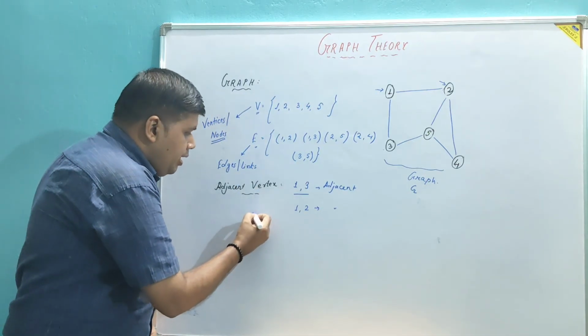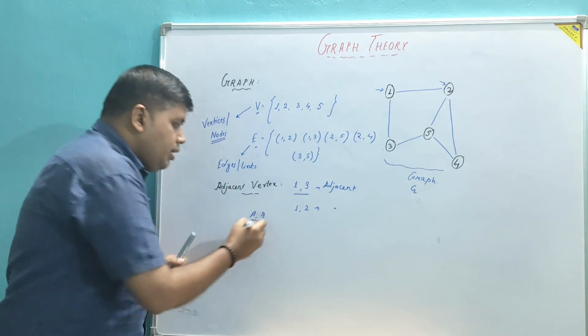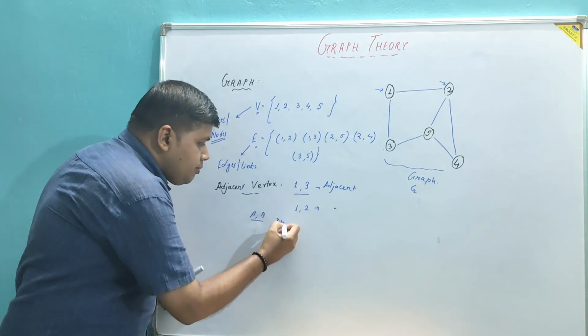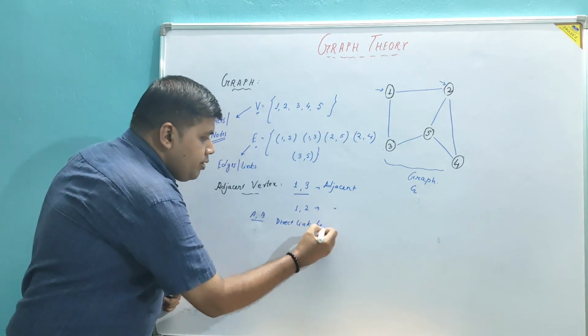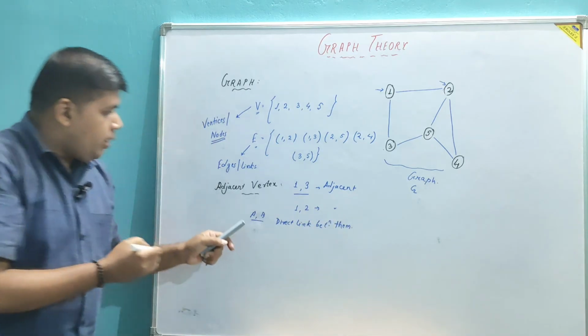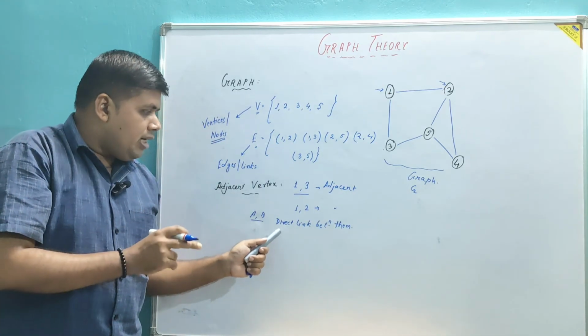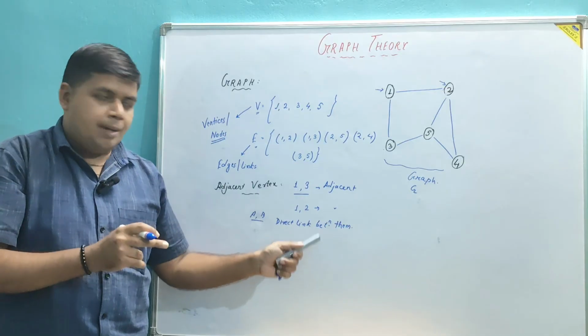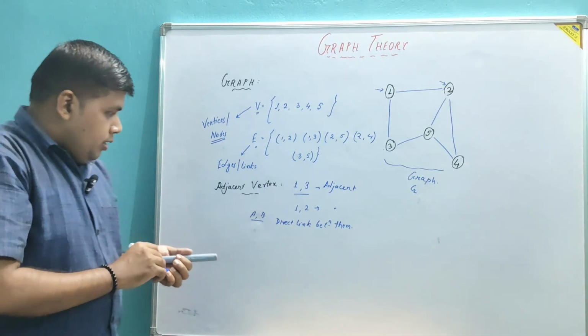Any two vertex A and B will be considered adjacent if there is a direct path, or we can say a direct link between them. I am repeating it once again: two vertex A and B are called adjacent if there is a direct link between them. So that is all about adjacent vertex.